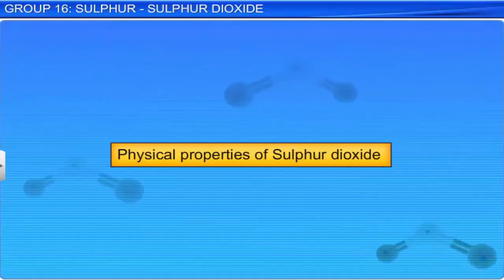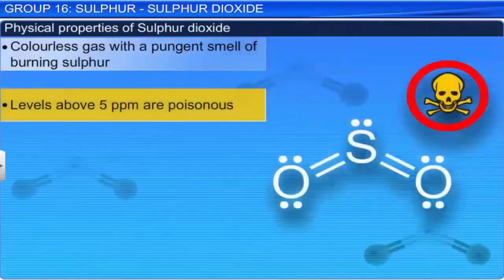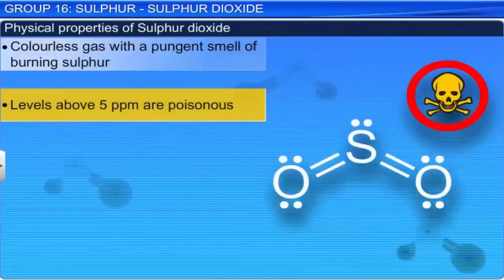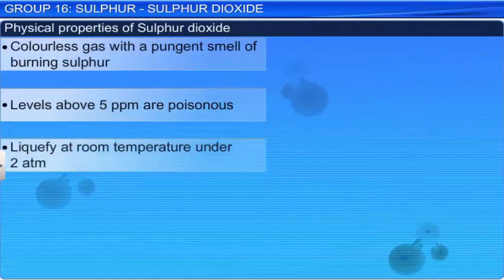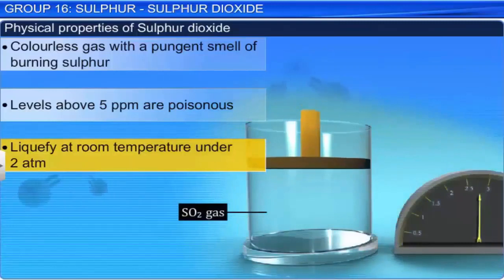Sulfur dioxide is a colorless gas with a pungent smell of burning sulfur. Sulfur dioxide levels above 5 parts per million are poisonous. It is one of the easiest gases to liquefy since it condenses at room temperature under a pressure of 2 atmospheres.